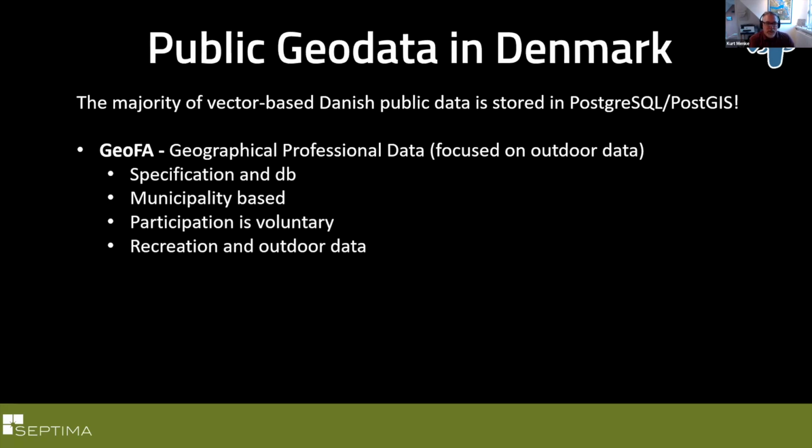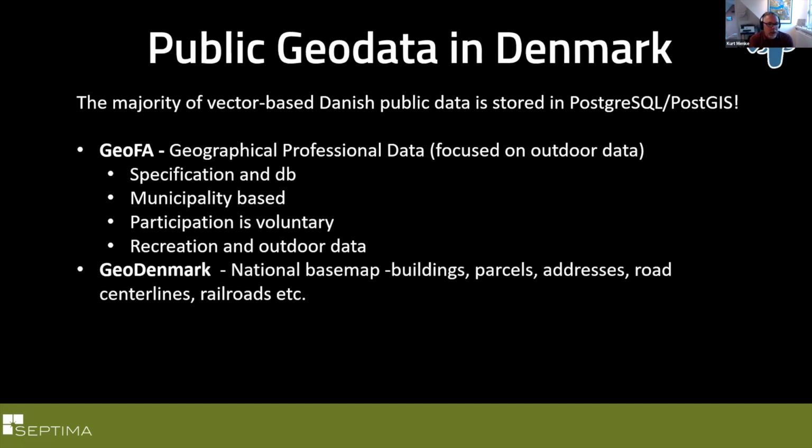And so municipalities can choose to participate in this and contribute data to this, as long as, of course, they're following the specification. And again, it's recreation and outdoor data. So it doesn't have 100% adoption, but the majority of municipalities participate in this GeoFA database.